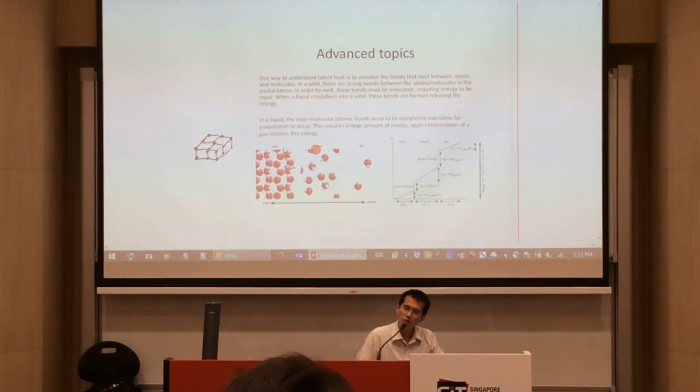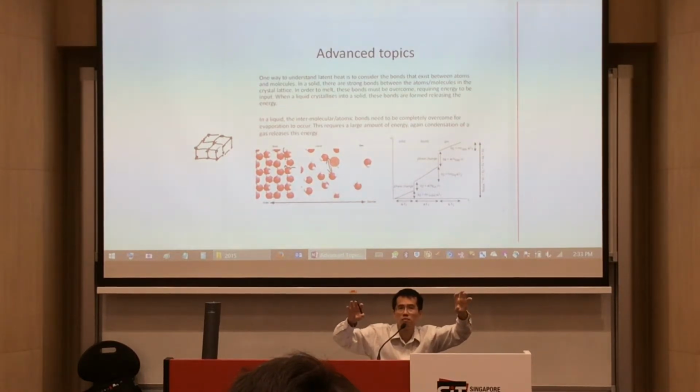Now, if you want to further heat it up, the temperature of this water at 0 degrees Celsius in the liquid state is going to increase. So these distances will start to get further and further away from each other in the liquid state.